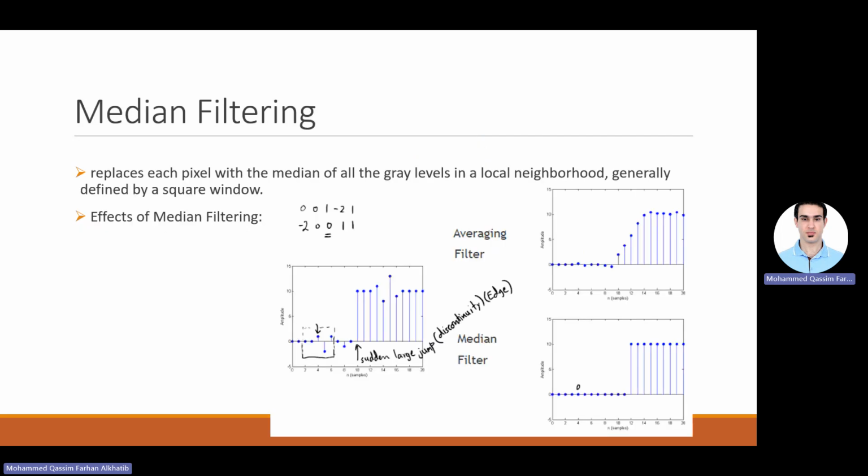The median filter replaces each pixel with the median of all the gray levels, or values, because the gray levels are more into images, in a local neighborhood, generally defined by a square window. So that's an image kind of dimension, not a one-dimensional signal. We'll give two examples, one in one dimension and one in two dimensions.